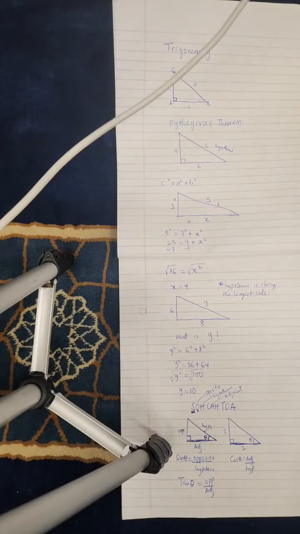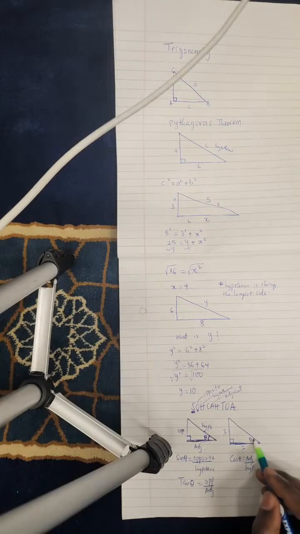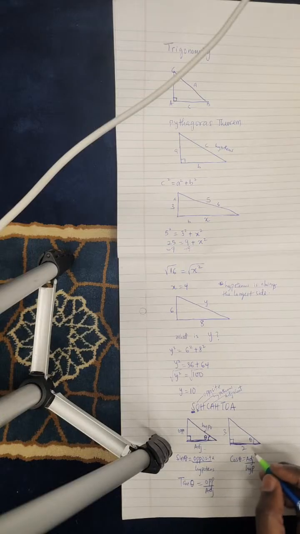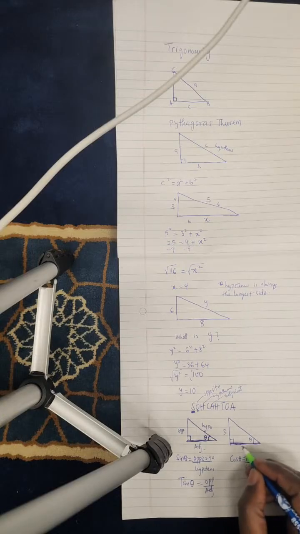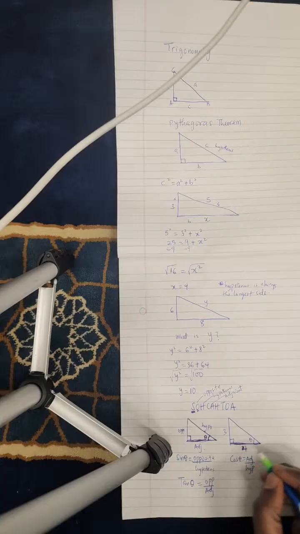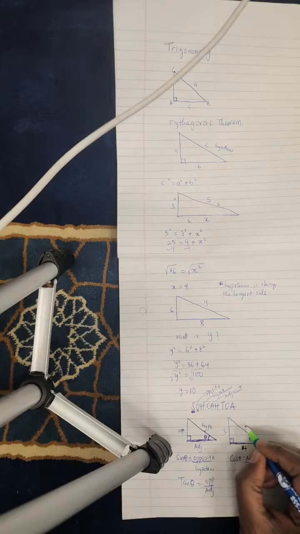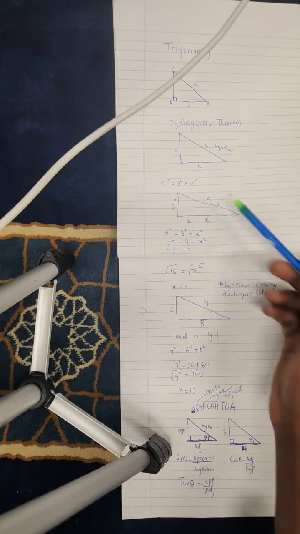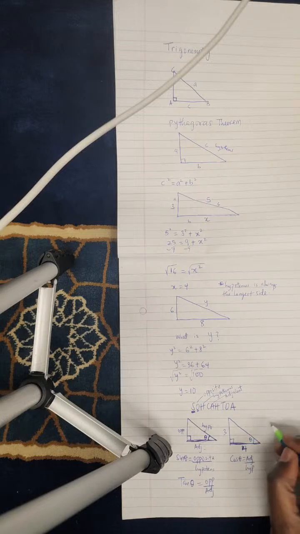How do you do this? You have 3, we have 4, we have theta, and this is angle 90. The first thing to do is to get the hypotenuse. If we have 3, 4, then the hypotenuse is going to be 5. How do I get that?